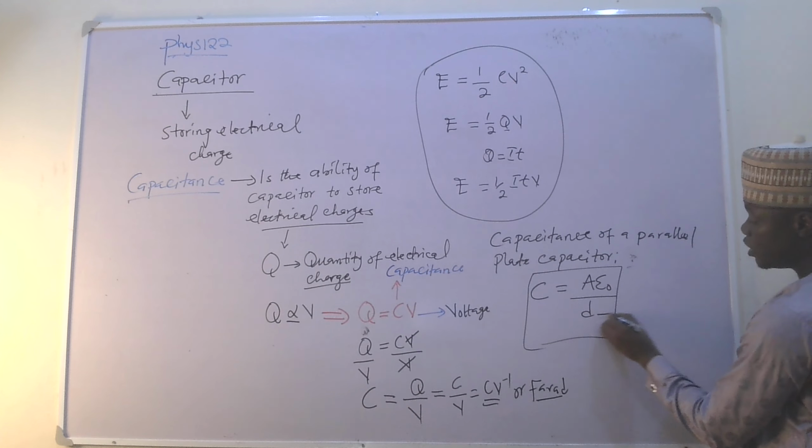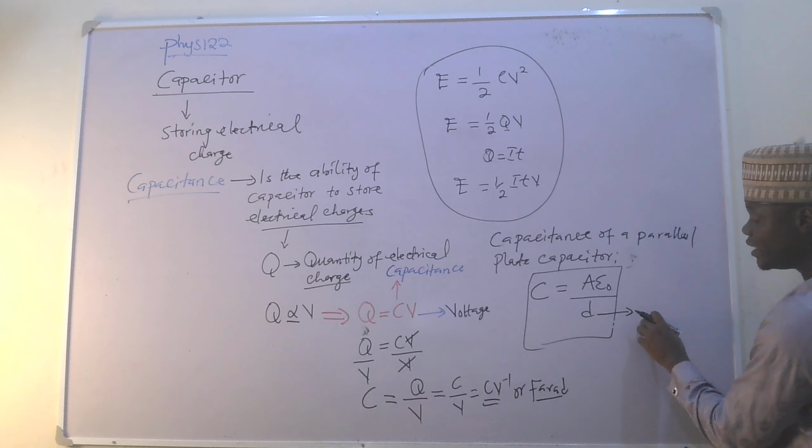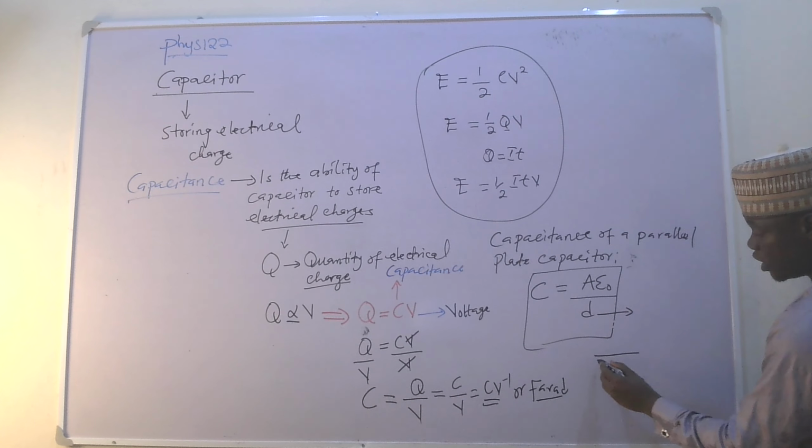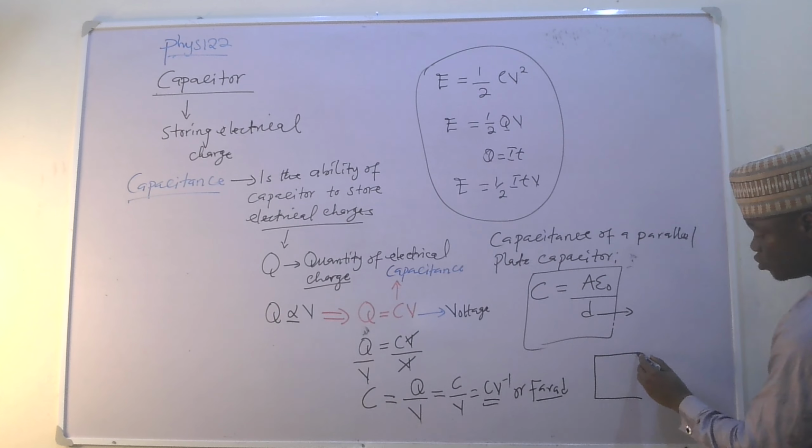Number one, if there is an increase in the distance of separation between two plates, generally sometimes you have a capacitor like this.